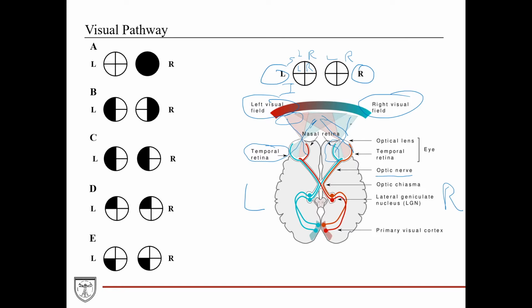So you can see in blue here where this is receiving these outer fields, it's coming in like this, and it crosses over to the other side with the other blue fibers here. So this red on this side, which is taking from this left outer field, is coming down here and crosses over to this hemisphere as well. So you have crossing over of the inputs from these outer fields.